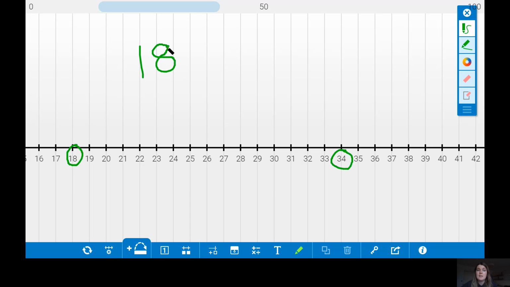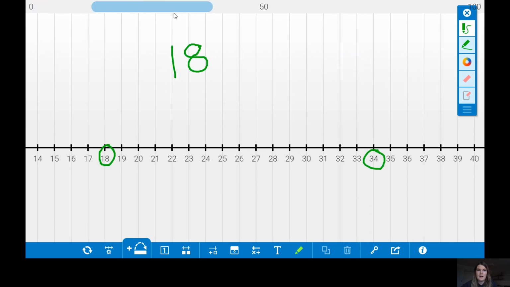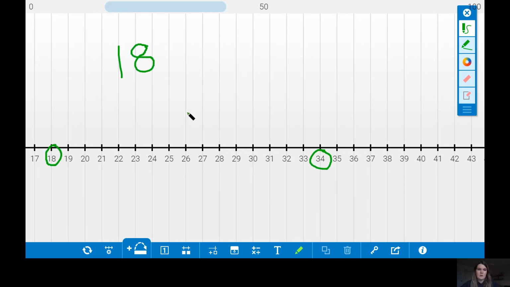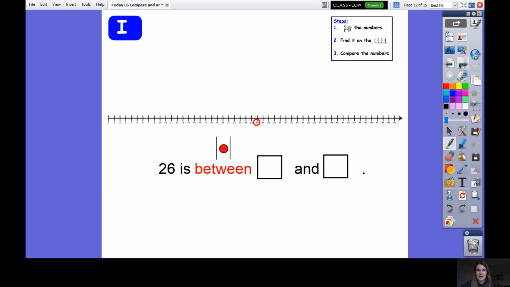Because 18 is closest to 0. Absolutely right. 18 has a smaller value than 34 because 18 is closest to 0 on the number line. Well done. Fantastic work.